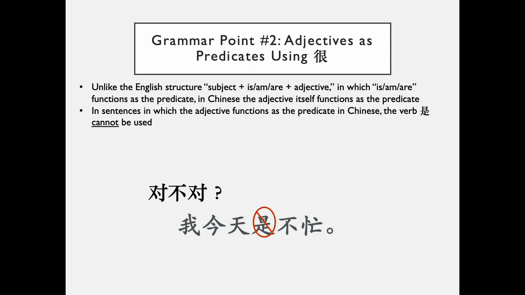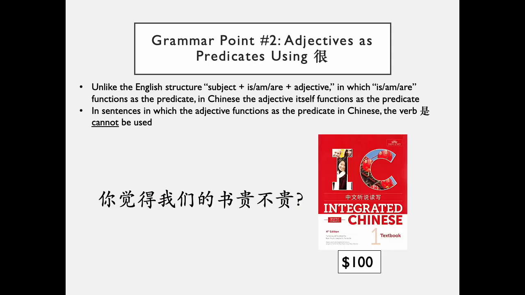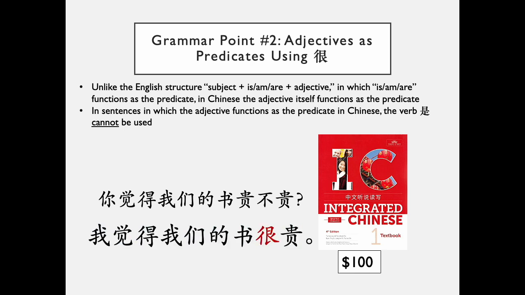So if you want to say I'm not busy today, you can simply say 我今天不忙。好,你觉得我们的书贵不贵? If you wanted to say that our textbook, our book is expensive, you could say 我觉得我们的书很贵. So again, this 很 is going in front of the adjective.